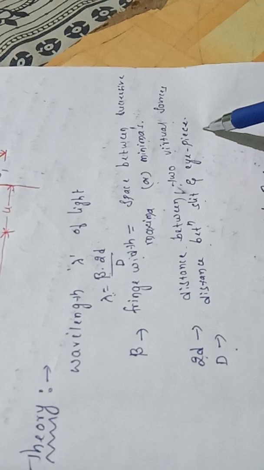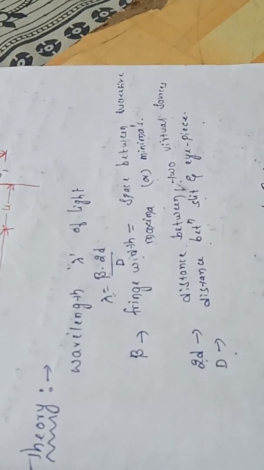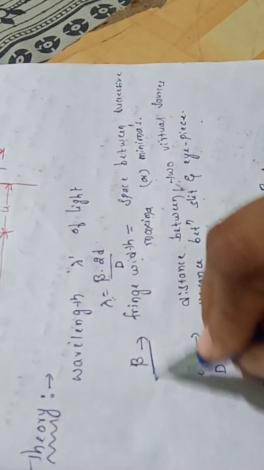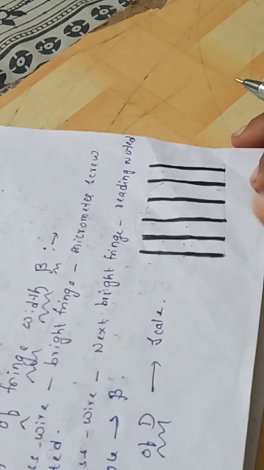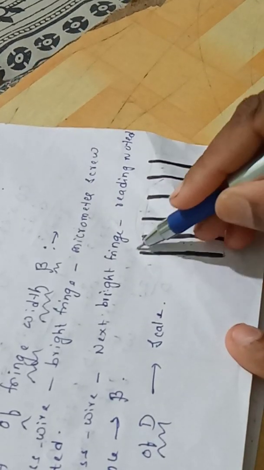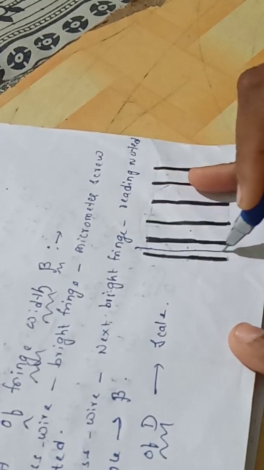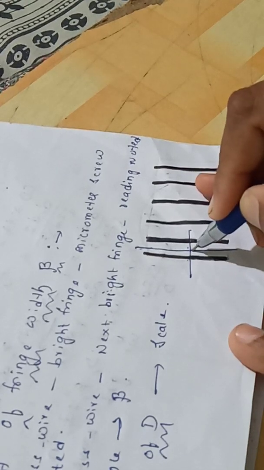Okay. So first we have to find beta, the fringe width. To find beta, we have the crosswires in the eyepiece, no? First we will set the crosswire on one bright fringe, the first bright fringe.